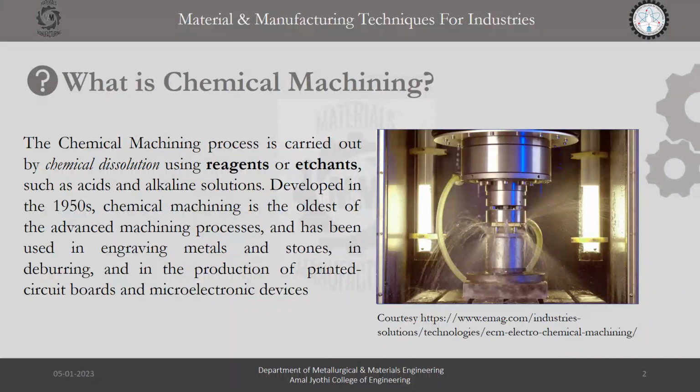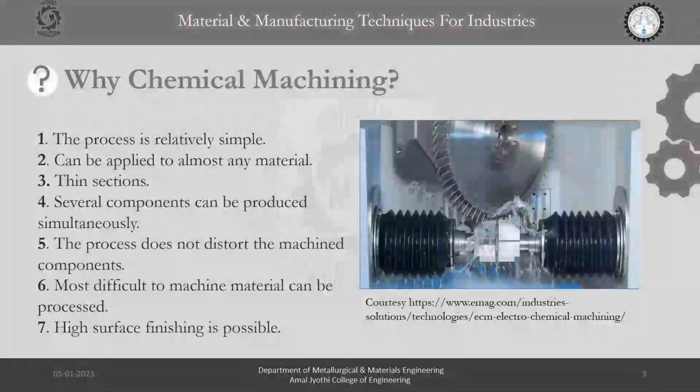Complex burr-free shapes can be blanked on metal foils as thin as 2.5 x 10^-3 millimeters. This process is also used for etching, such as for electrical connectors or pattern plates, reflow, or paste soldering. Now, let's look at why chemical machining is preferred over other machining processes in the fabrication of different sophisticated materials having complex designs.